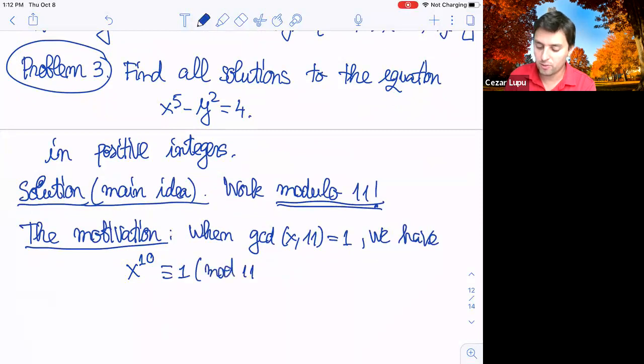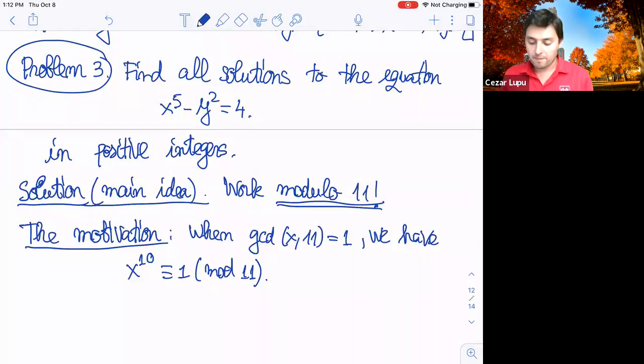Why is this true? Can you tell me? This is an application of what? You remember Fermat's little theorem? What does it say? That a to the p minus 1, in this case p is 11, is congruent with 1 mod p, if the GCD of a and p is 1. So that's the motivation behind this.